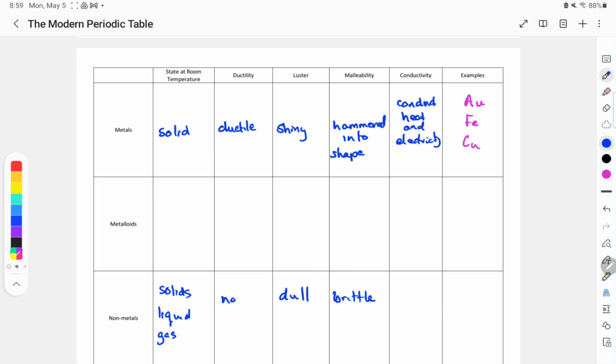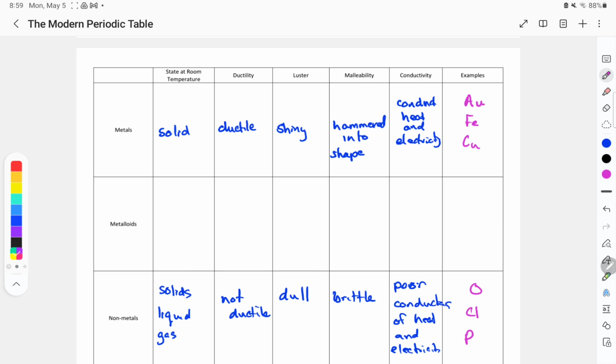And they're not ductile; they cannot be drawn into a wire. They're poor conductors of heat and electricity. Some examples might be oxygen, chlorine, or phosphorus. So they have their different properties.